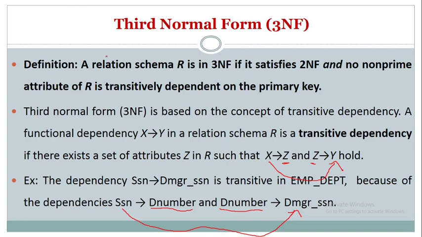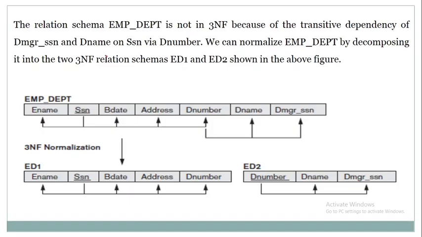Let us understand this third normal form with an example. Now we need to check whether there is any transitive dependency or not. As you can see here, SSN determines employee name, birth date, address and department number. But department number in turn determines department name and department manager SSN.